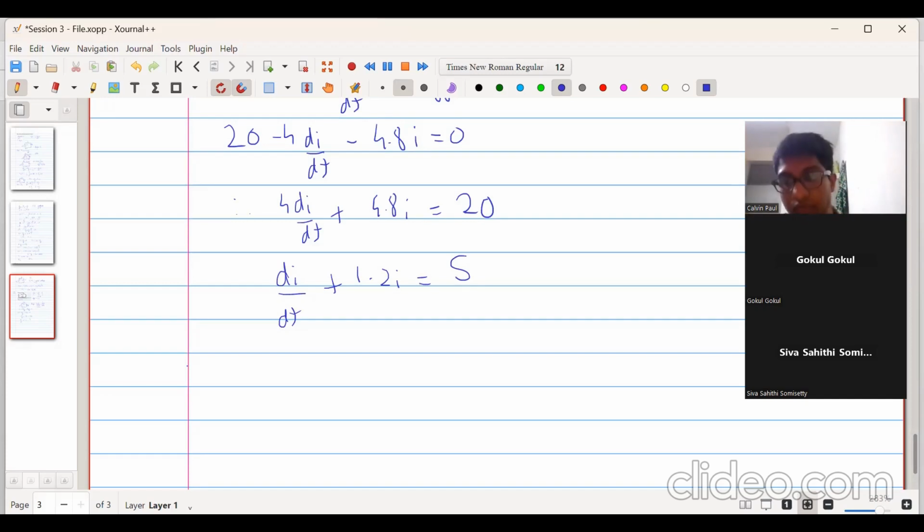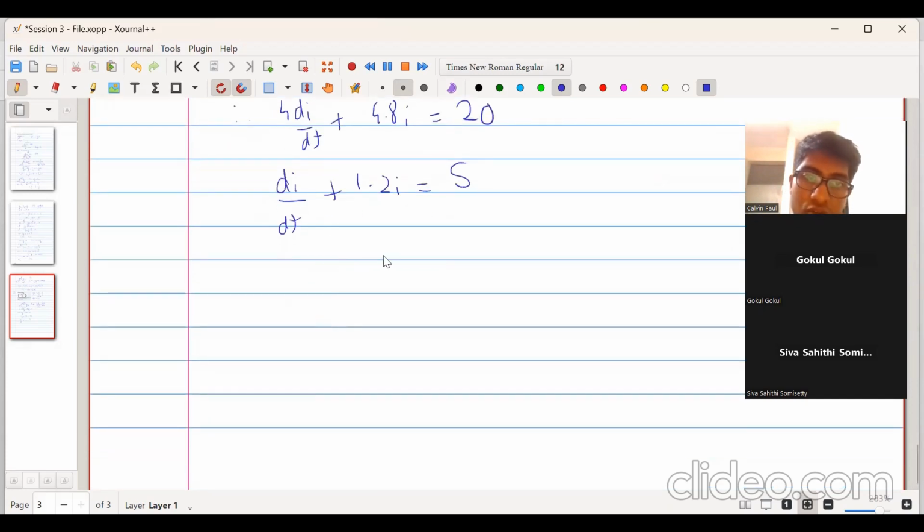Now we will solve it using the integrating factor method. This is P and this is Q. Q is equal to 5, P is equal to 1.2. So the integrating factor is e raised to integration of P dt, that is e raised to integration of 1.2 dt, which is equal to e raised to 1.2 t.